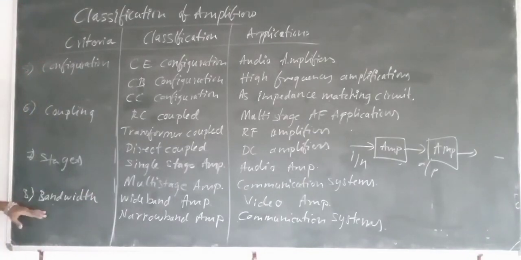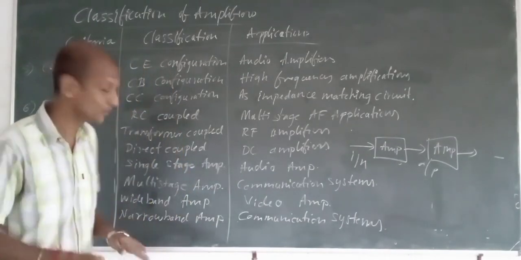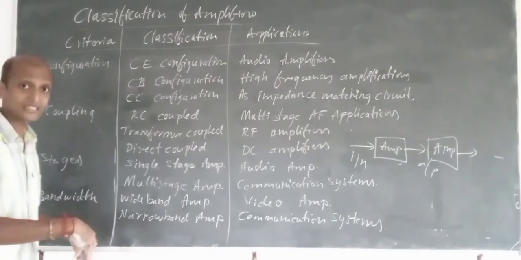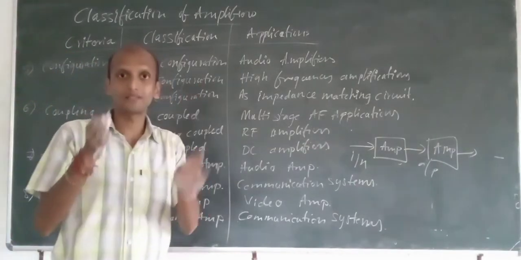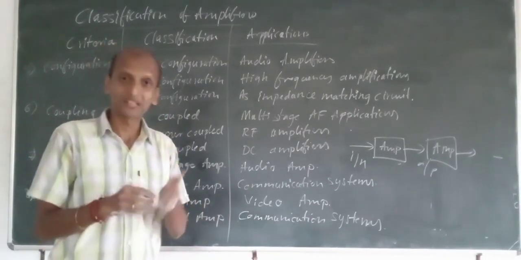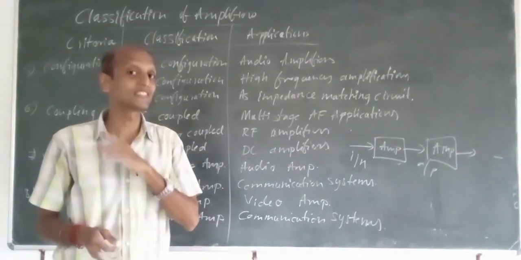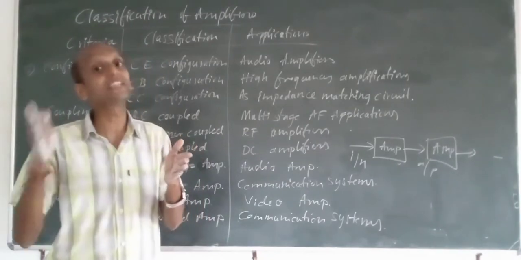Coming to bandwidth. Bandwidth is the range of frequencies. We will be learning about bandwidth as the next topic, in this chapter only. Bandwidth means that for a particular radio channel, you will be given some frequencies. There will be a starting frequency and an ending frequency.